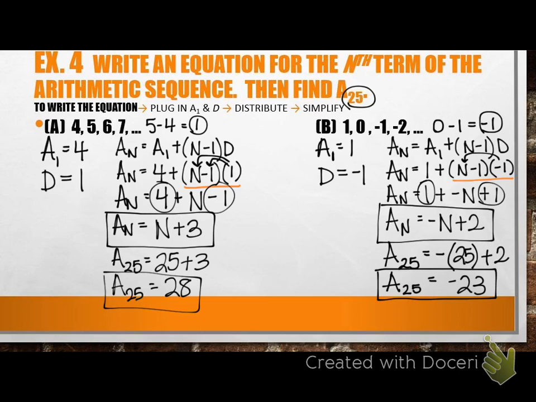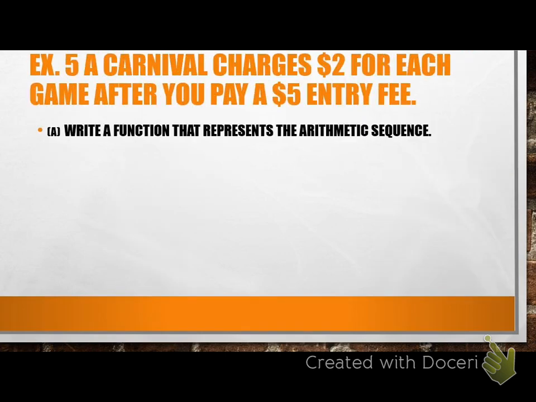All right? Any questions? Now, let's take that information and look at this word problem. It says a carnival charges $2 for each game after you pay a $5 entry fee. So this problem is all about the number of games that you are playing at this carnival. So we know that in order to write a function, first of all, the key word here is function.